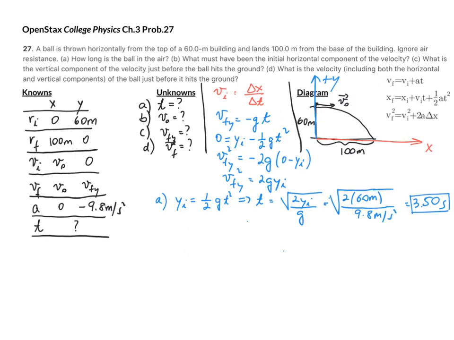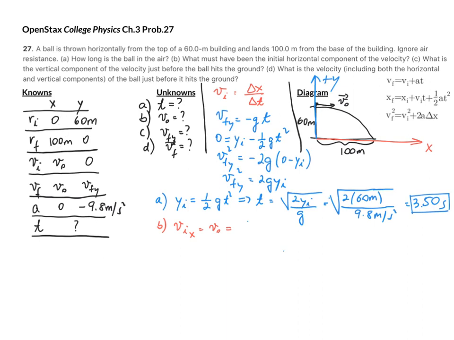So for part B, I know that v initial x is my v naught. That's what I called it in the diagram. And that is x final minus x initial. So from my table here, x final is 100 meters, x initial is 0.